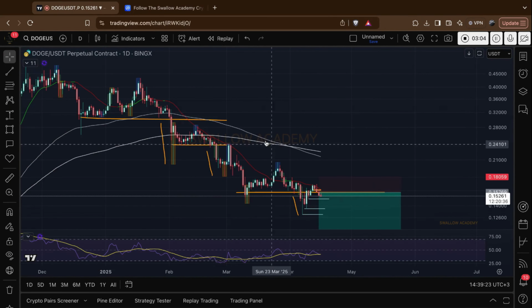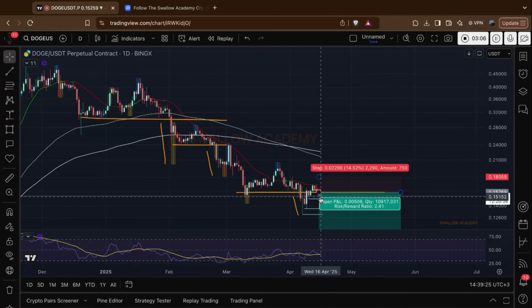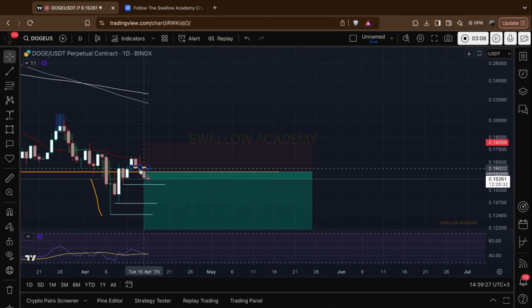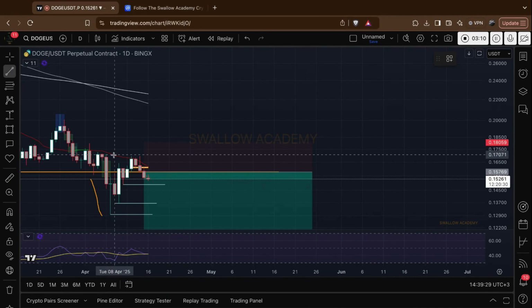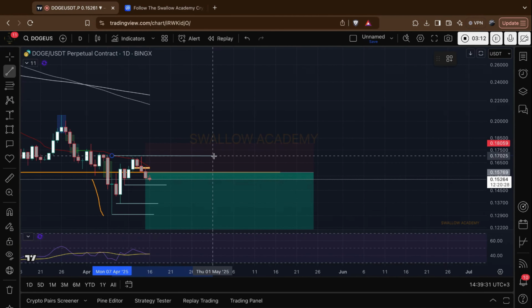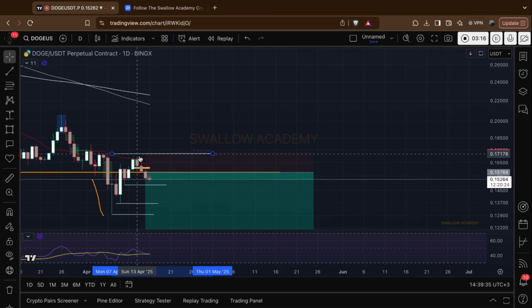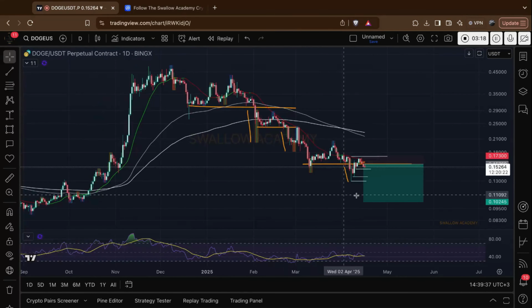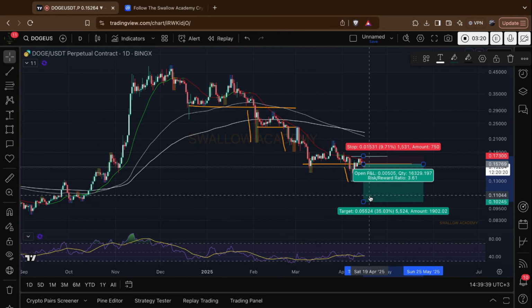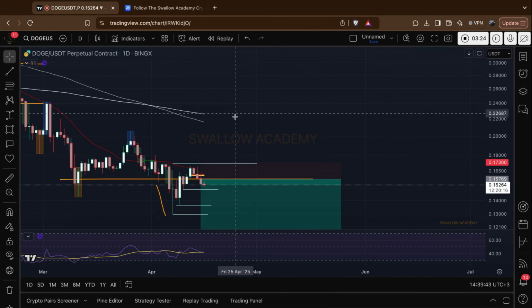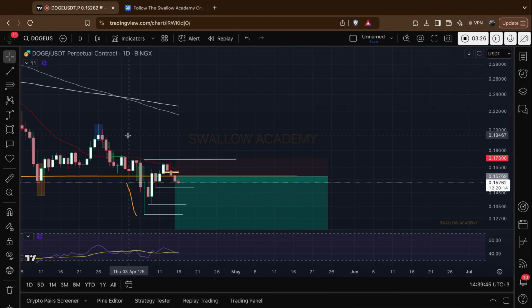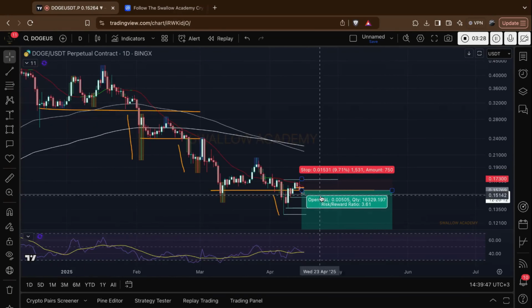So as long as price stays below this line, and I would even narrow down the stop loss slightly tighter, this would be the ideal setup for us. So we just narrowed down. I have to adjust the position as well on the Binks exchange, but that's it basically.